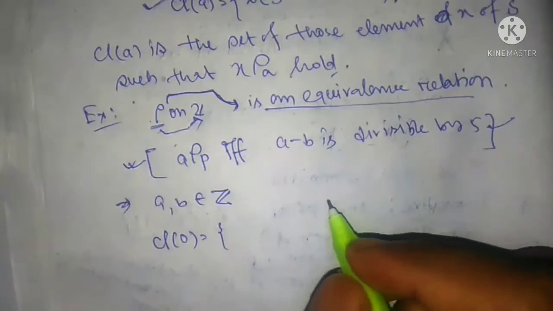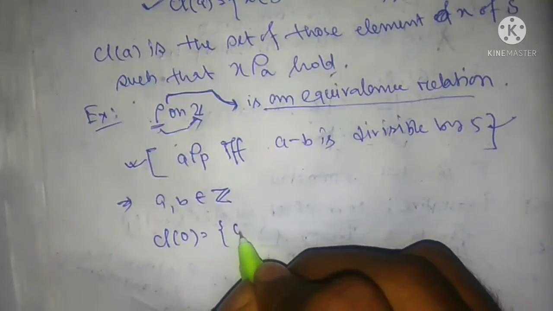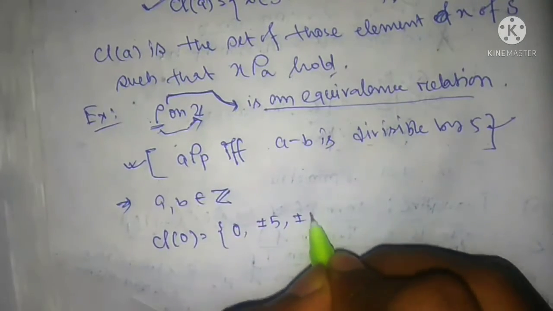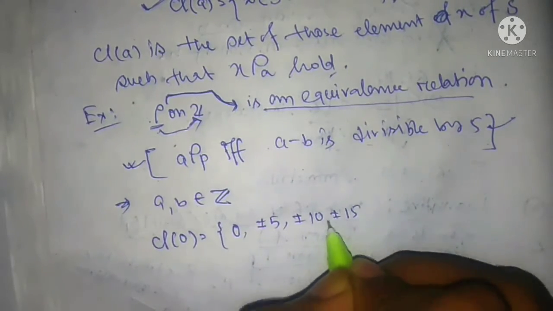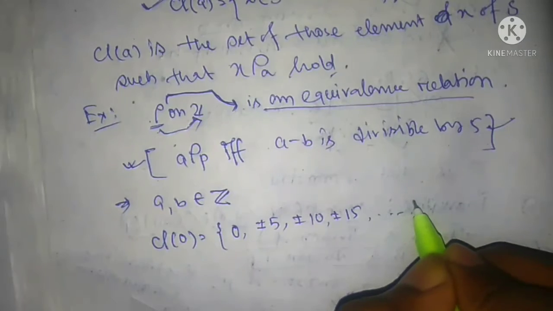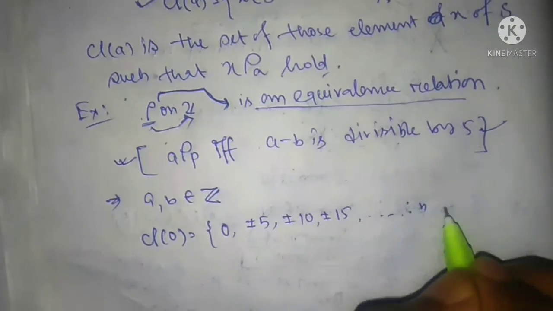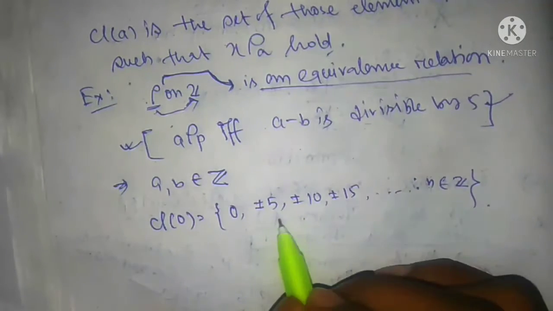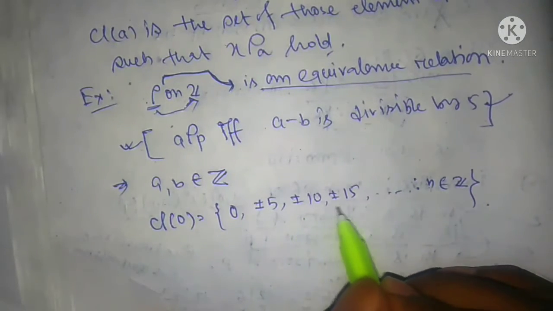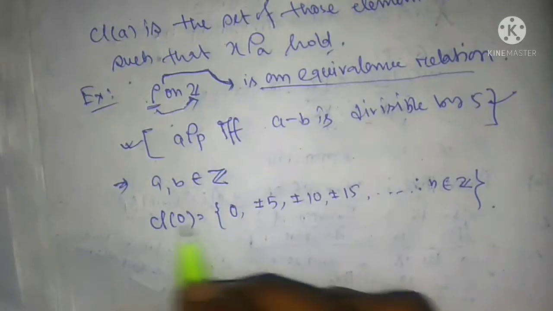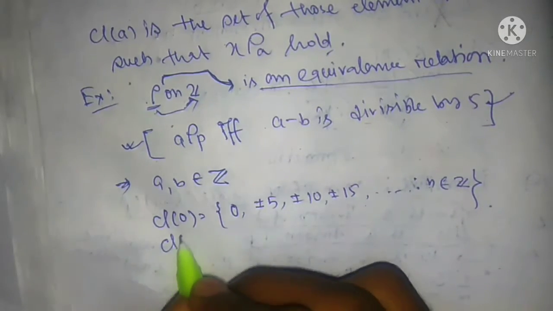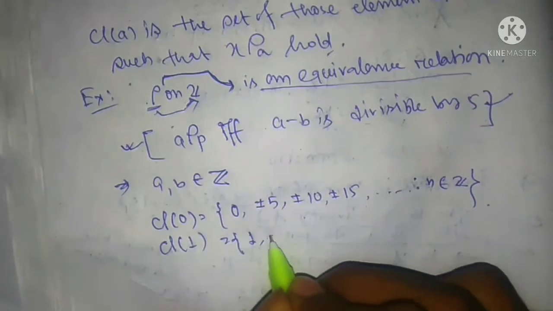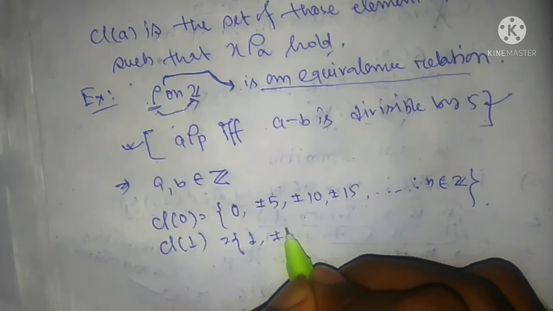Class of 0 is all those elements that are 0, plus minus 5, plus minus 10, plus minus 15, which are multiples of 5, 5n such that n belongs to Z. Why is this 0, plus minus 5, plus minus 10, plus minus 15? I will elaborate after some time. So now class of 1. What are the elements of class of 1? That's 1 plus minus 5.